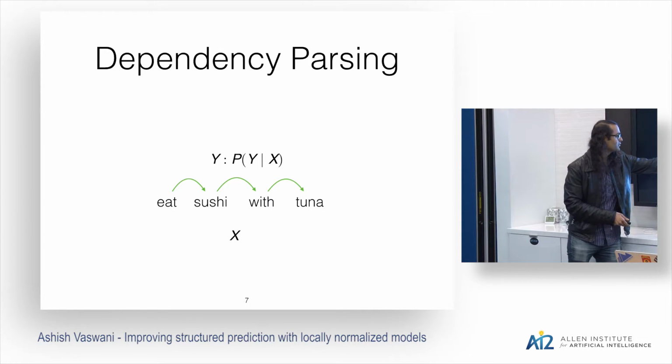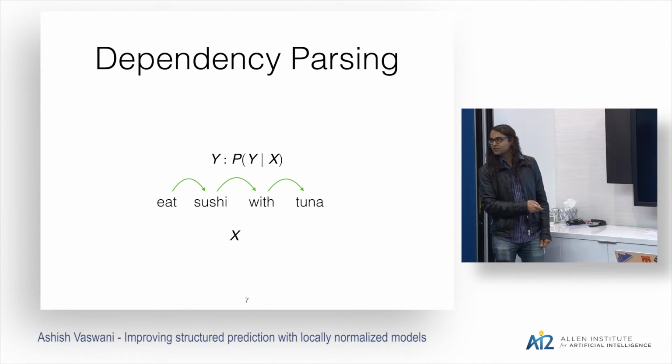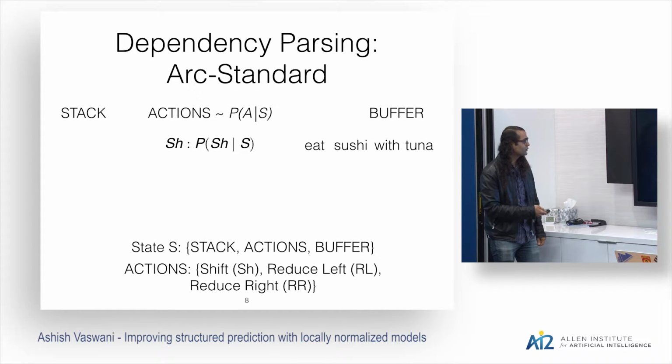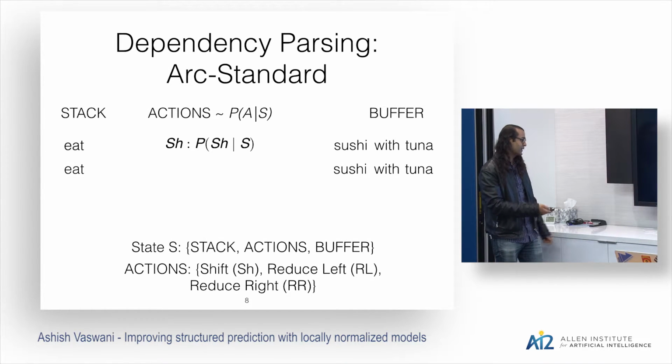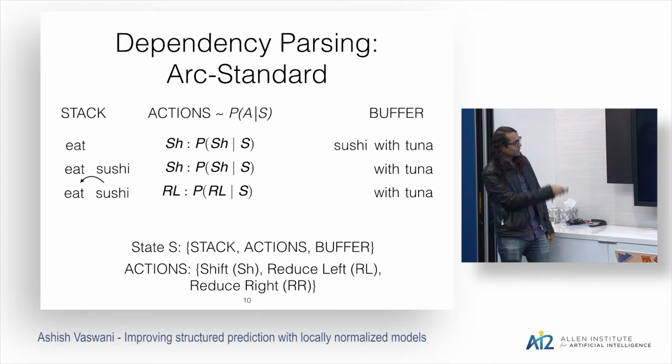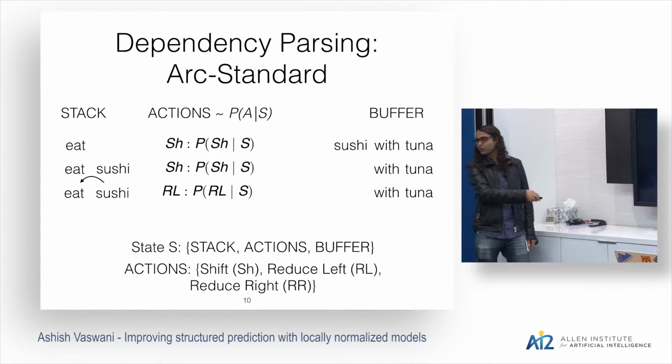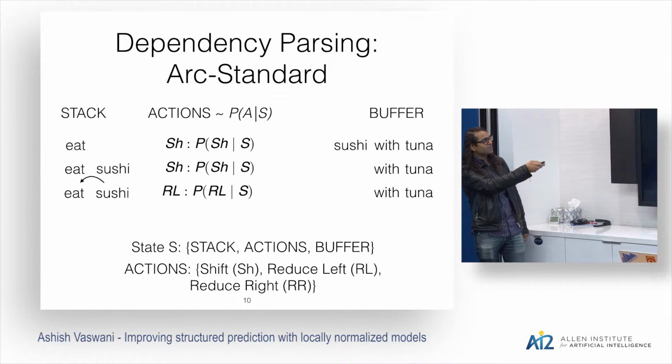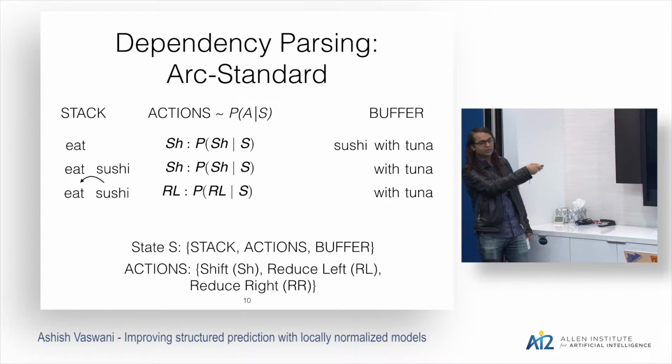So if you added a parent to sushi, sushi can't have any more children in this arc-standard system. So that was the incorrect move to do. The correct move to do would be a shift, but that is something you could predict. And so the probability of the dependency tree is a product of the probabilities of these actions: shift, reduce left, and so on and so forth, given state.